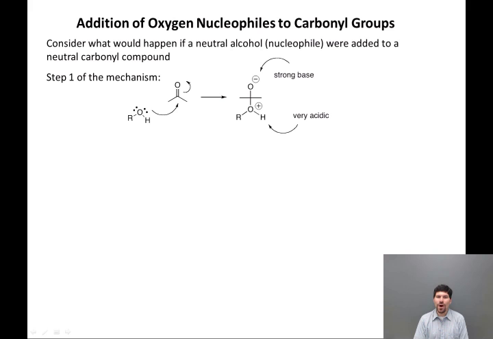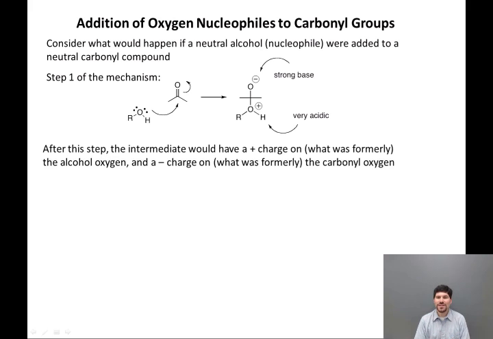In step one of the mechanism, the lone pair on the oxygen attacks the carbonyl carbon, and at the same time we break the C=O pi bond. Looking at the product of this step, when you're starting with a neutral alcohol, the oxygen that was on the alcohol now has a positive charge, and the carbonyl oxygen now has a negative charge.